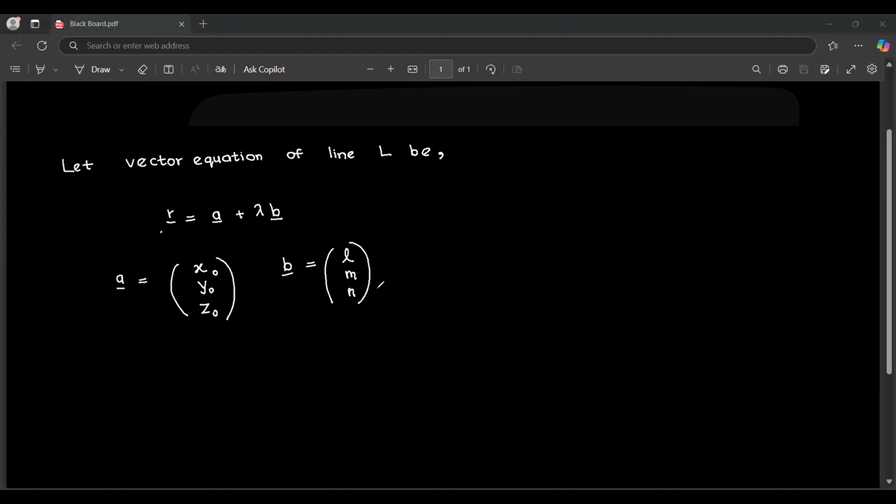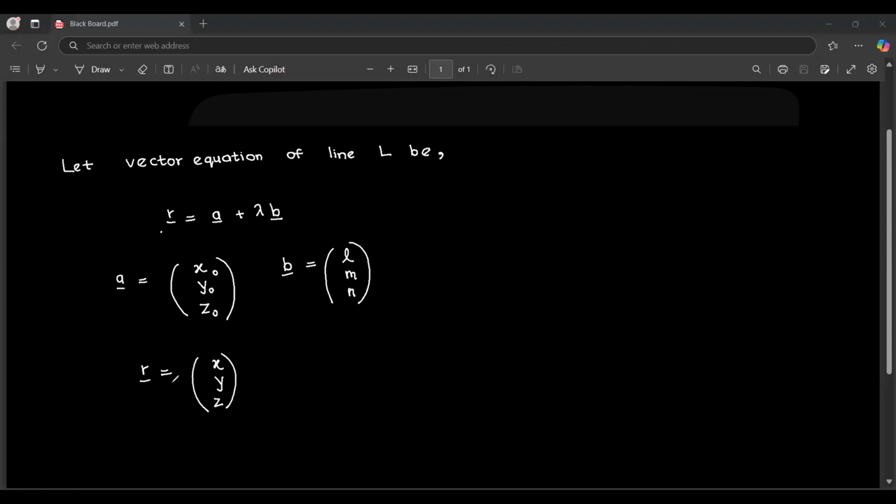Now let's say r equals x, y, z. So x represents the x coordinate of the vector r, y represents the y coordinate, and z represents the z coordinate of vector r.